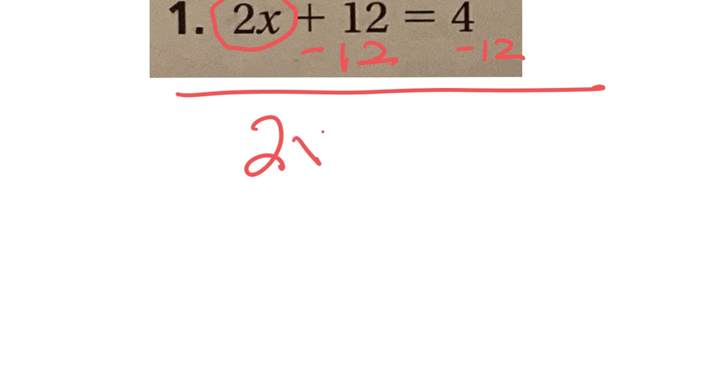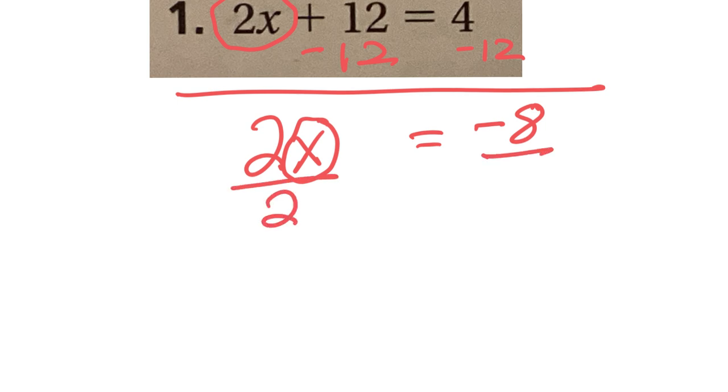So that leaves me the 2x, those cancel, equals 4 plus negative 12, which is negative 8. Now, I want to find just this x. It's being multiplied by 2, so I divide that by 2, and I divide that by 2. That gets me x equals negative 4.